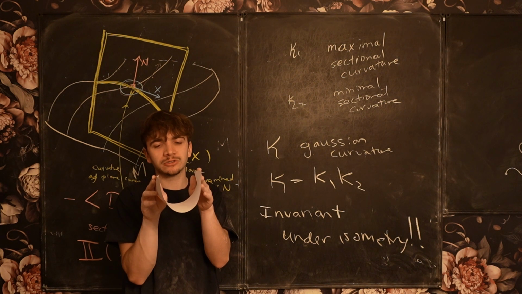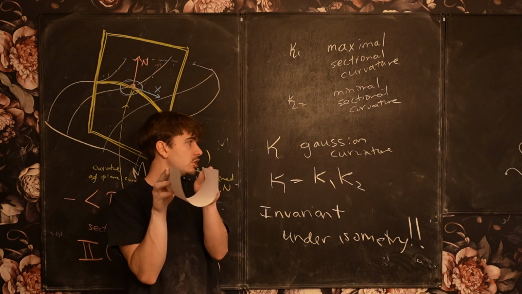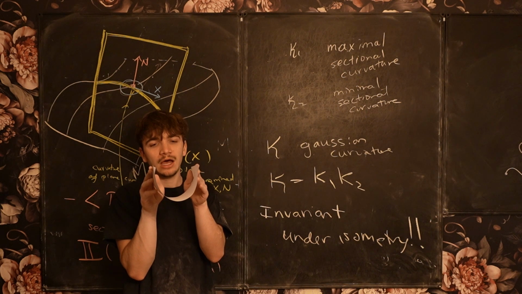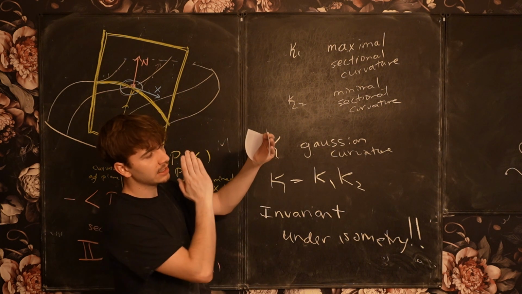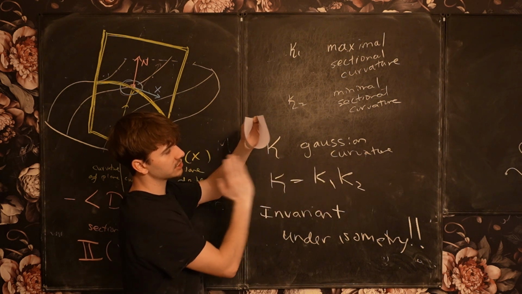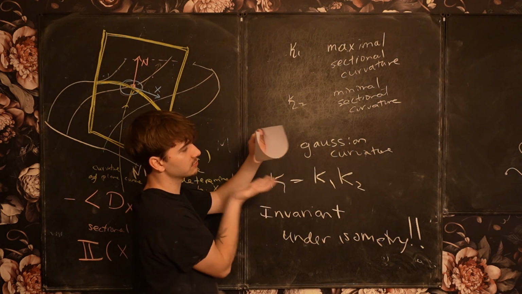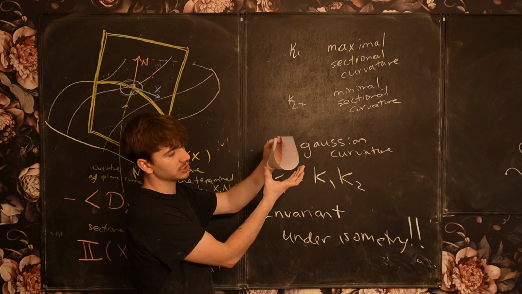Then notice the sectional curvature is going to change, because if I'm looking at the sectional curvature in this direction, it's curving upwards, which is going to be, by this convention, a negative sectional curvature.